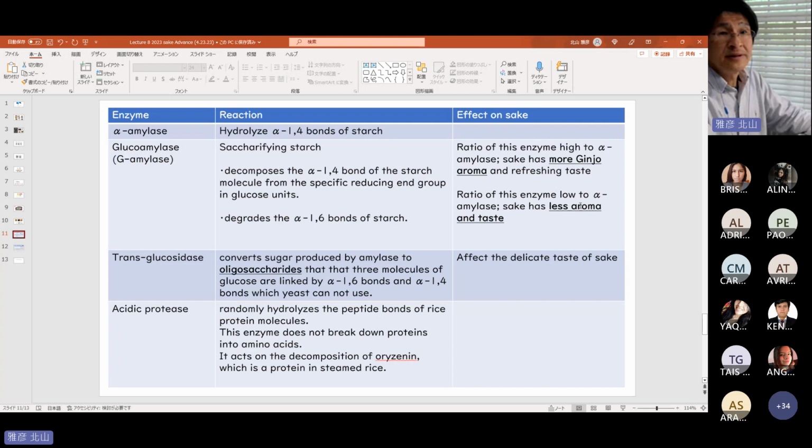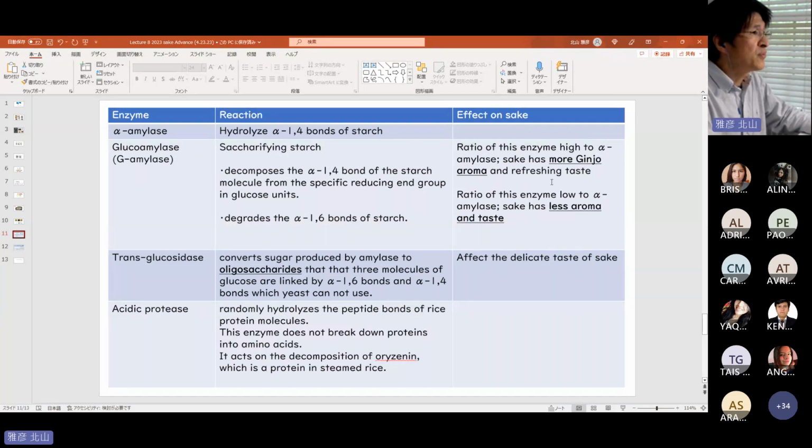So if we make ginjo style of sake, ginjo is made with 60% or less than 60% of the rice remaining, and ginjo sake has some floral or fruity aroma.